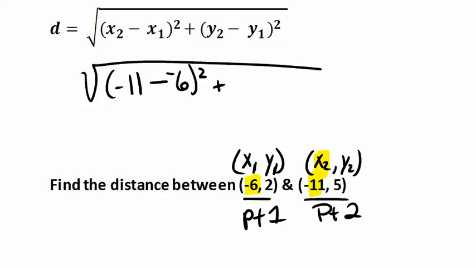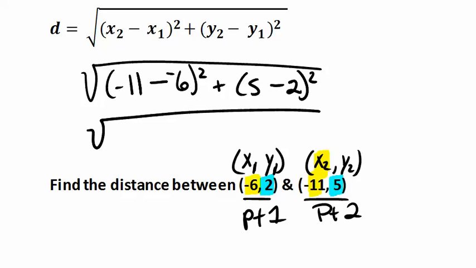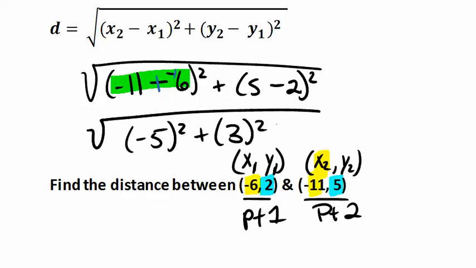We're then going to add it to y2, which is 5, minus y1, which is 2, and we'll square that. And then you've got to remember your order of operations. You do your parentheses first. So negative 11 minus a negative, that's going to become positive. So that becomes negative 5 squared plus 3 squared.